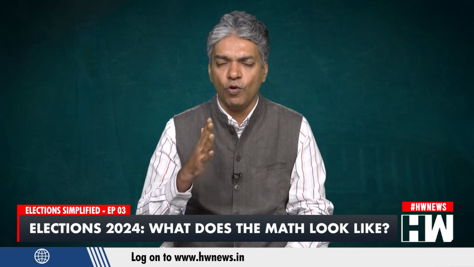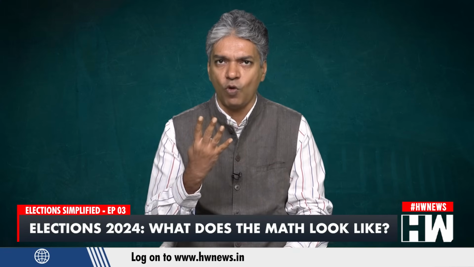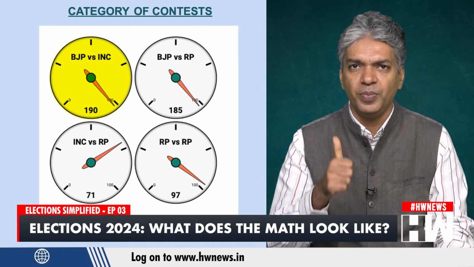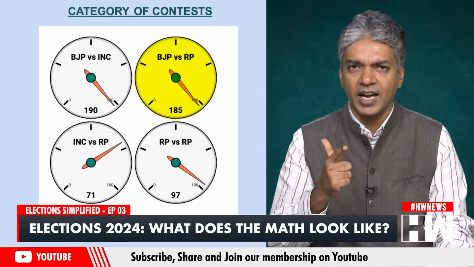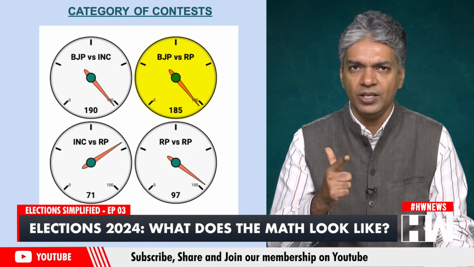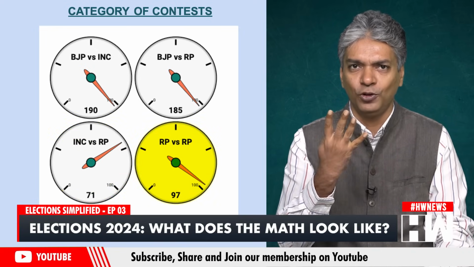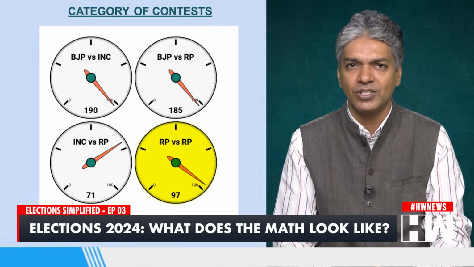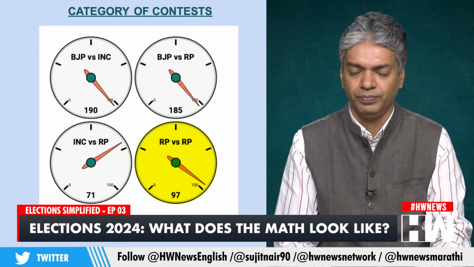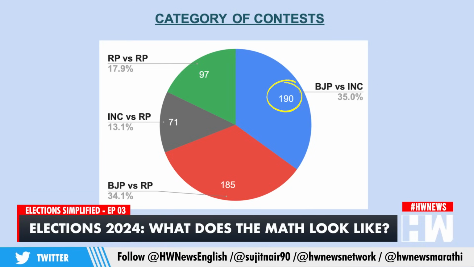In 2024, there are likely to be 4 categories of contests. One is the BJP versus Congress. Second is the BJP versus regional parties. Third is the Congress versus regional parties. And the fourth is the regional parties versus regional parties contest. Now, there are 190 seats where there could be a BJP versus Congress direct fight.